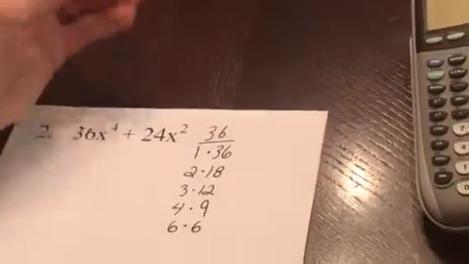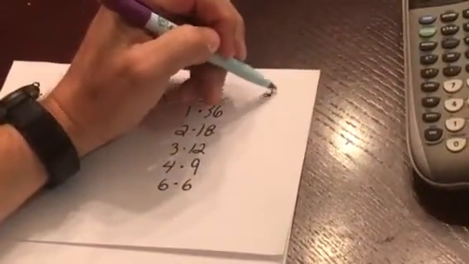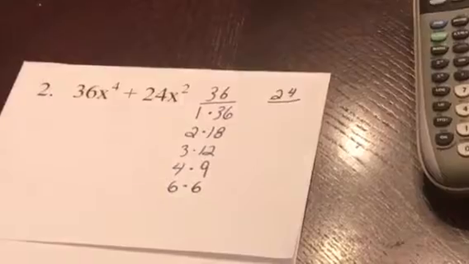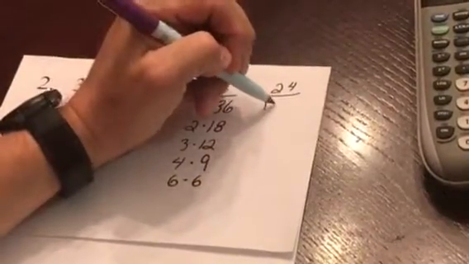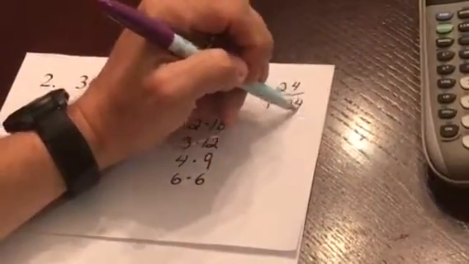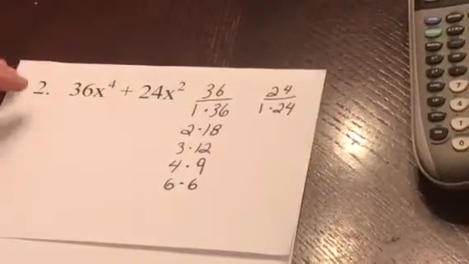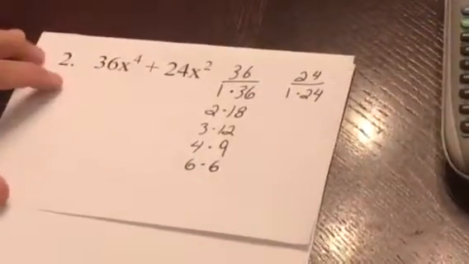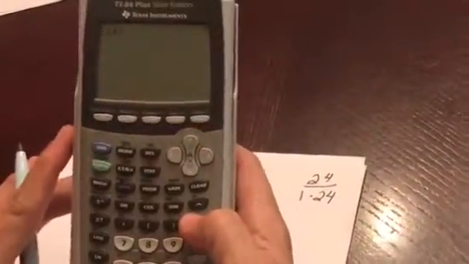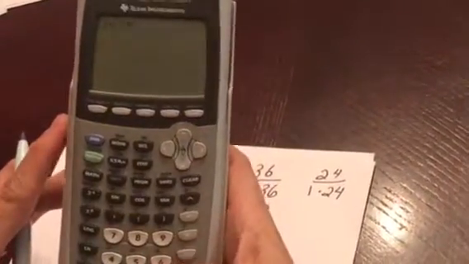Now let's work on the 24. And I'm going to start with 1 times 24. And I'm going to use the calculator to help me find the rest of them that work. 24 divided by 2.